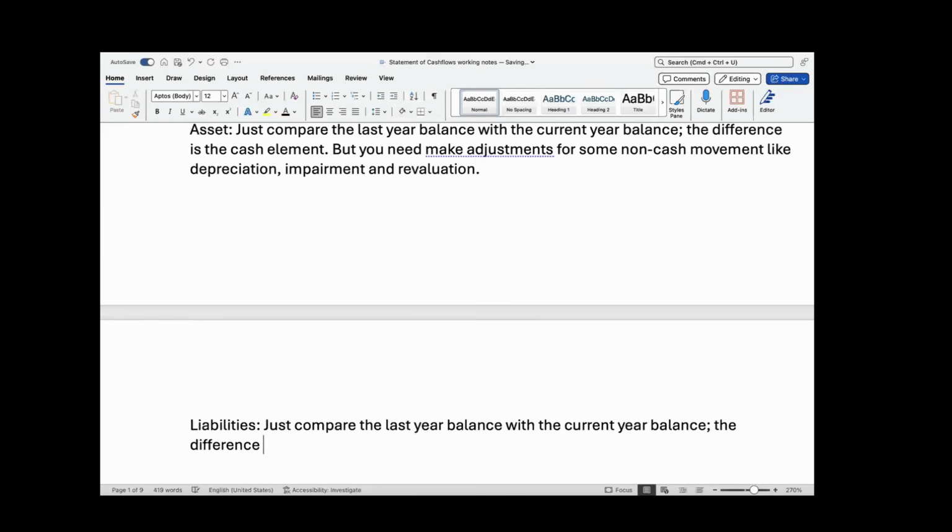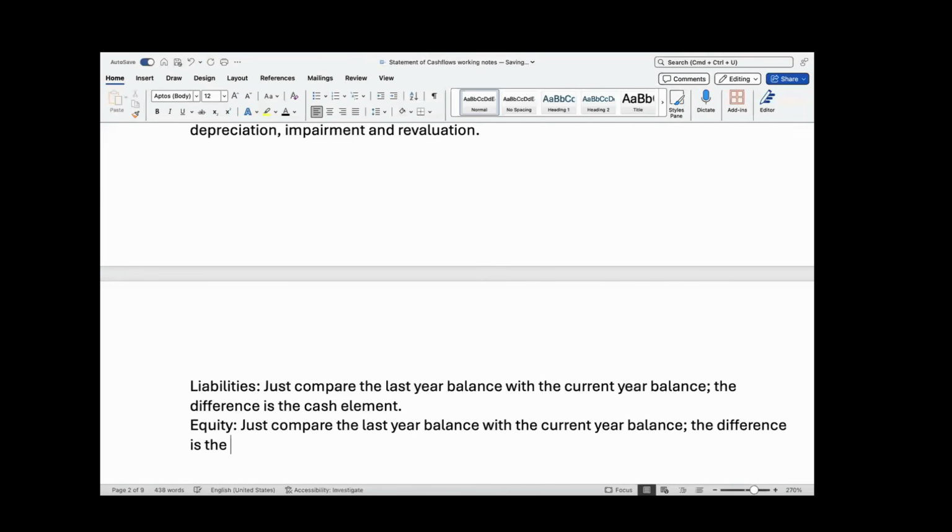The difference is the cash element. And finally, equity. This one too, just compare the last year balance with the current year balance. The difference is the cash element.